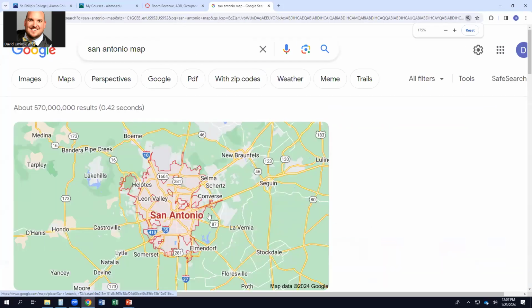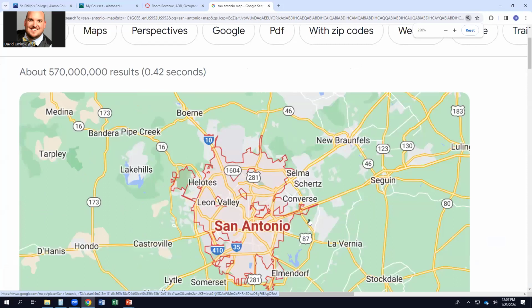Okay, so let's take a look right here at the map of San Antonio. Let's get a color that we can easily see. Let's go with black. Okay. So JW Marriott is up here. 1604 and I-10 is La Cantera.